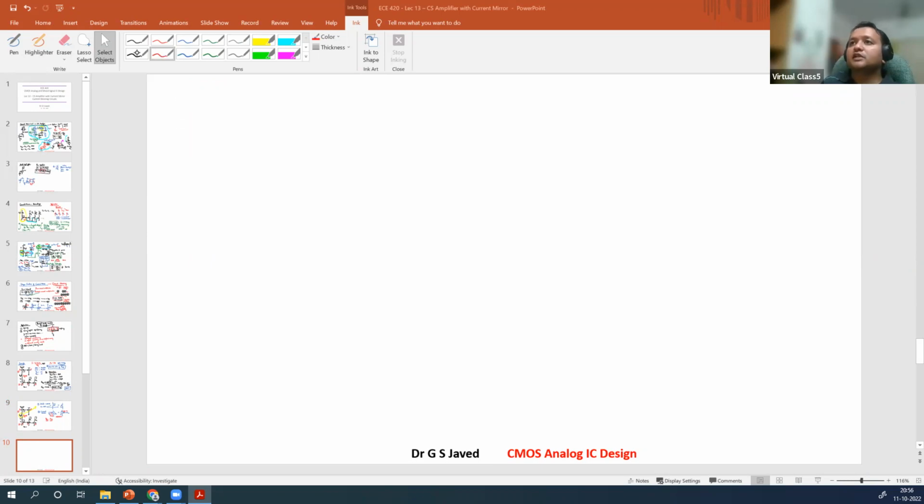Let me draw the circuit here. Another example. Now you have a device, which is VDD, NMOS device with this supply V in 1 coming to V out here.